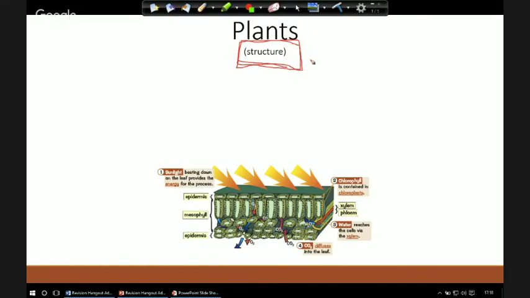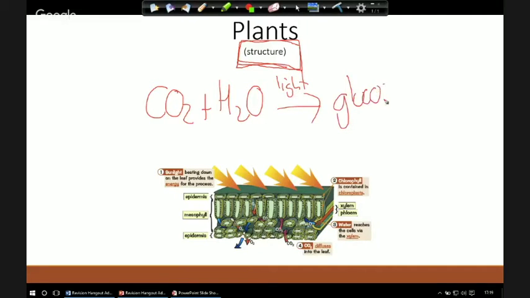But before we get there, I guess the most important thing that we need to know for the additional science paper is what are plants doing? Well, essentially, they are photosynthesizing. They are producing or releasing their own energy. And they're doing that by getting carbon dioxide, water, some light, and they're converting that to glucose and some oxygen.